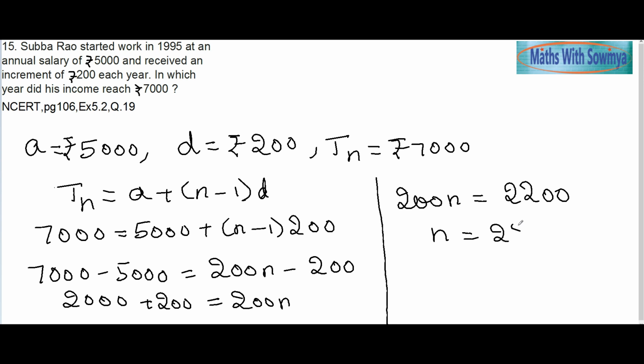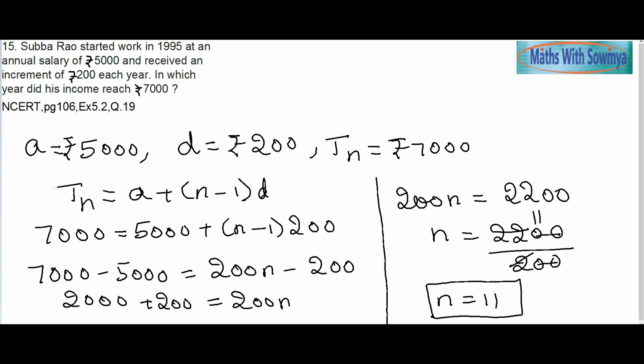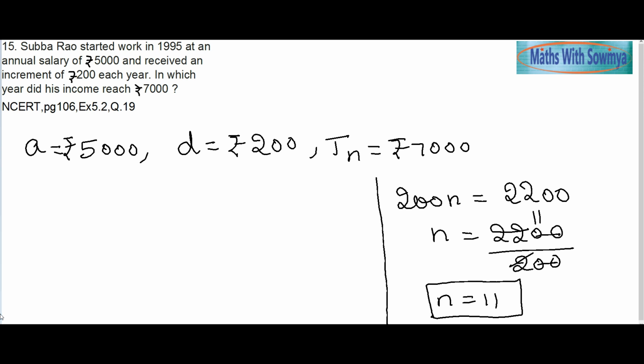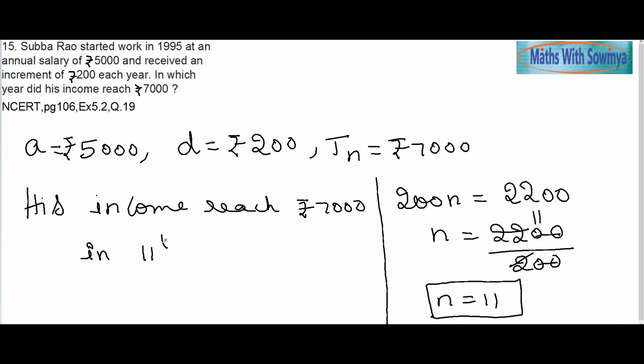N is 2200 divided by 200, which is 11. So n is 11. In which year did his income reach 7000? In the 11th year. So you can say his income reached rupees 7000 in the 11th year.